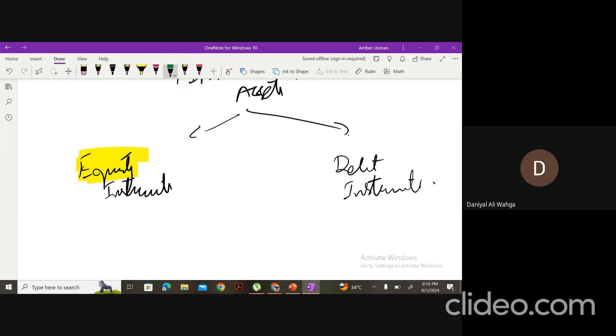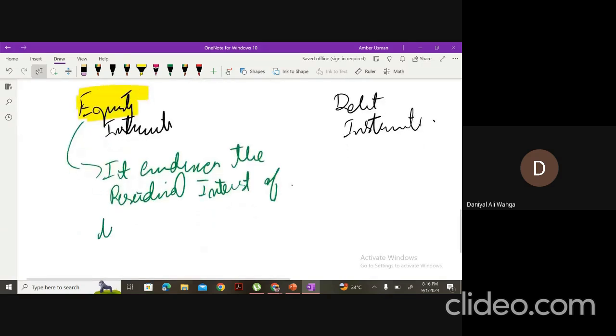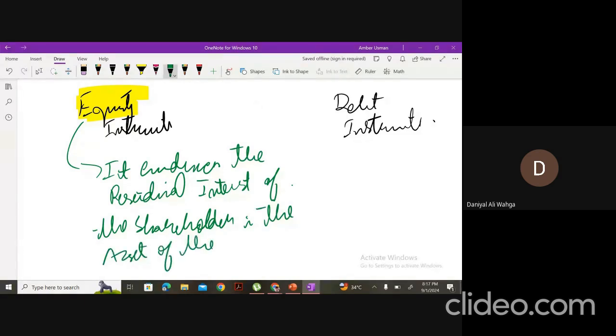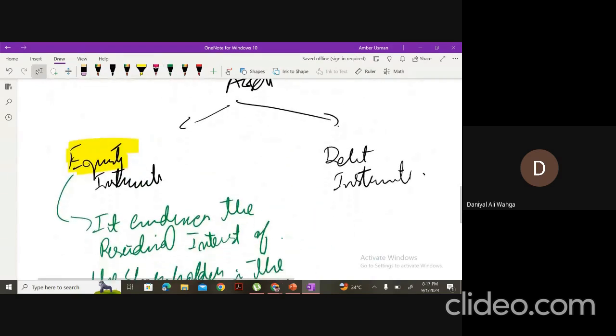The definition of an equity instrument is that it evidences the residual interest of the shareholders in the assets of the company after deducting all of its liabilities. Okay, so this is basically an equity instrument.